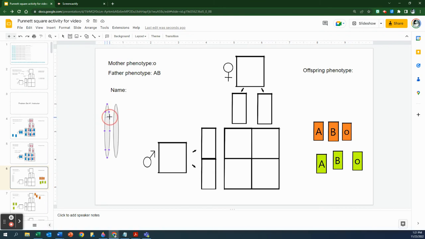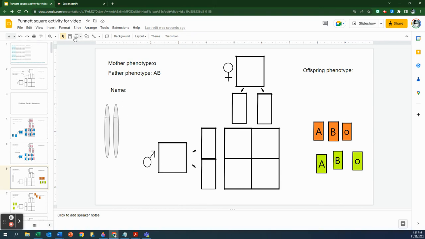So there's going to be a locus on this chromosome, and this locus is going to be at the same place of each chromosome.